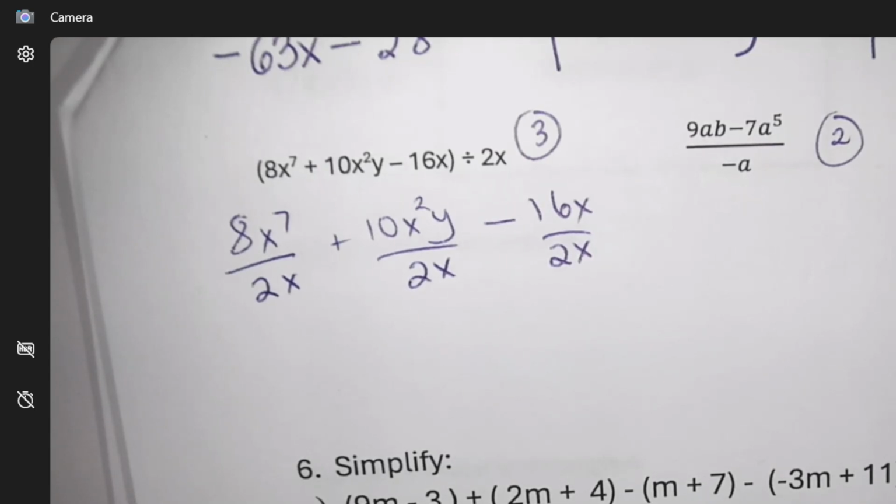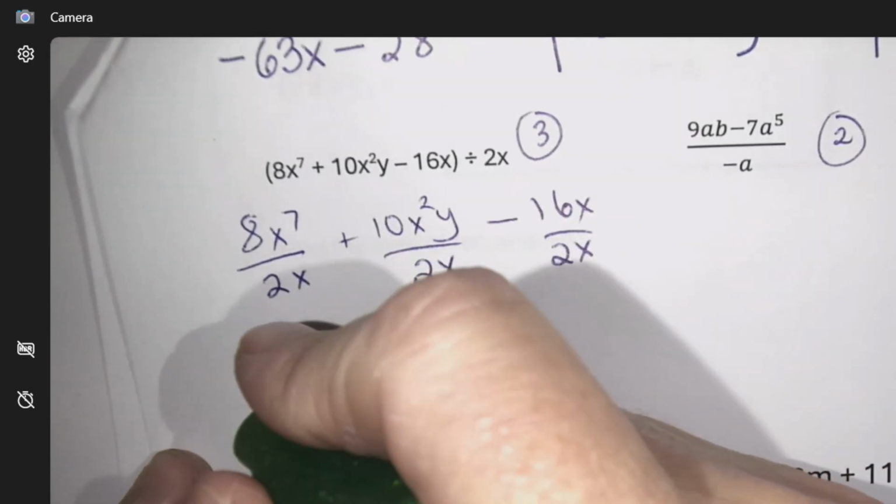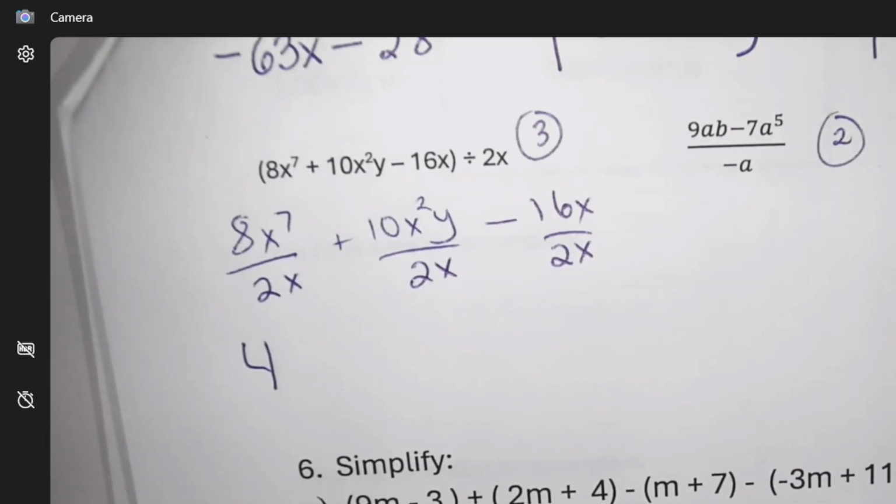So I wrote them all down. Divide by 2x, divide by 2x, divide by 2x. Those 2 x's cancel out, like 16x divided by 2x. They would cancel out. Okay, here we go. 4. What's the rule about the exponent on the x here?